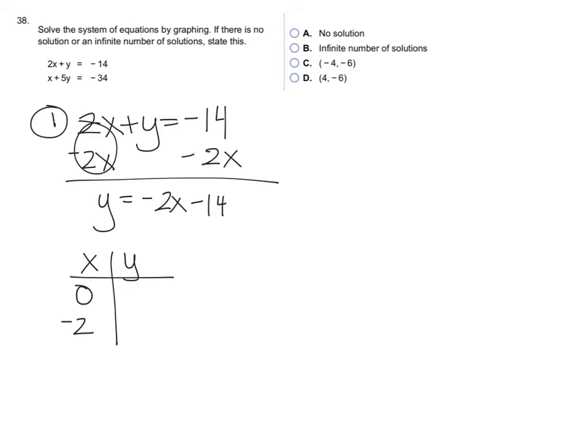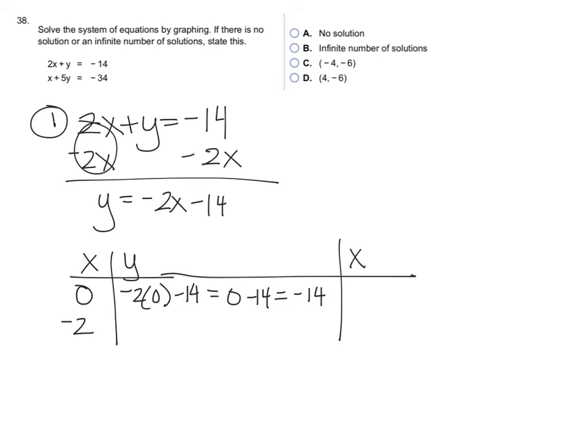Okay, when I plug in a 0 in for x, I get negative 2 times 0 minus 14. So that gives me 0 minus 14, which means that y is a negative 14. My xy ordered pair is 0, negative 14.